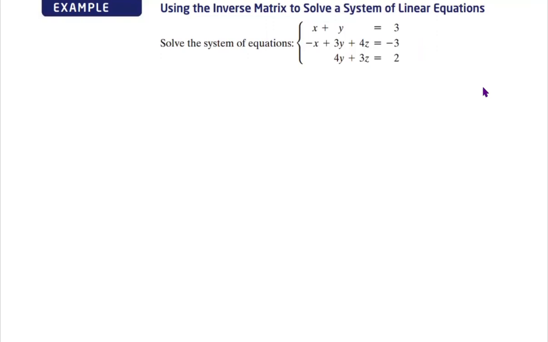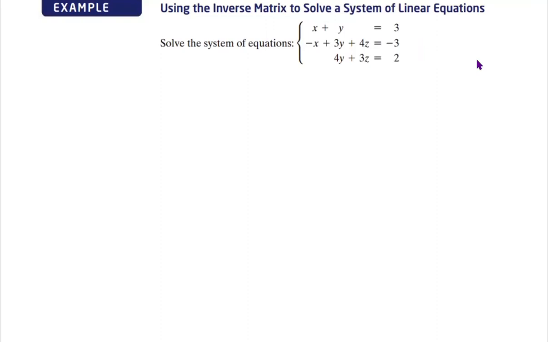So first you need to find the matrix form of this system. And then you would find the inverse and multiply both sides of this equation by the inverse. So let's find the matrix form of this system.